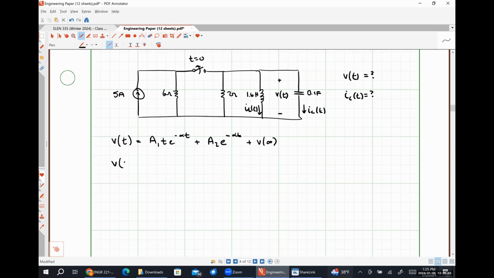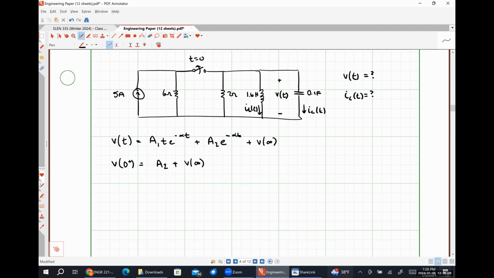V at 0 plus is going to reduce to A2 plus V at infinity, because when we evaluate this at 0, A1 times 0 times this other thing is just going to look like 0. Look at the table.